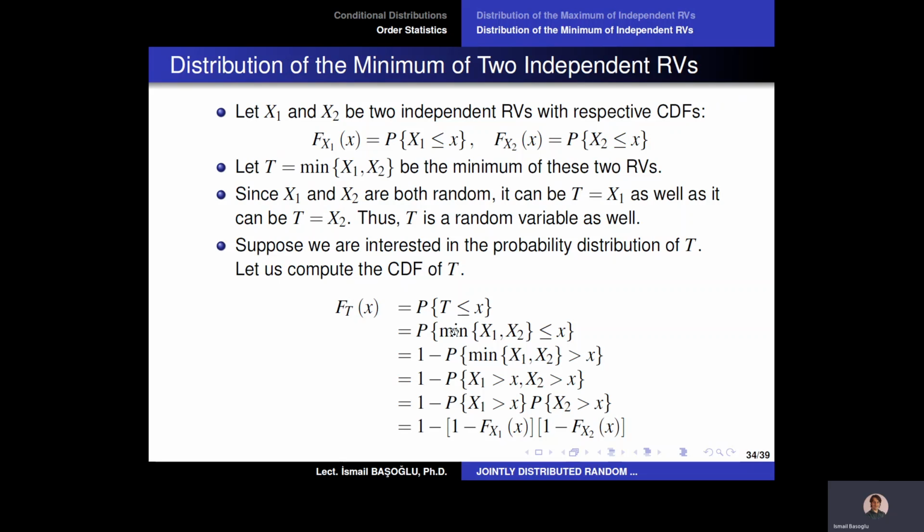So when you are dealing with the minimum of random variables, it is always a better approach using the complement events probability to determine the cumulative distribution function of the minimum of these two random variables.